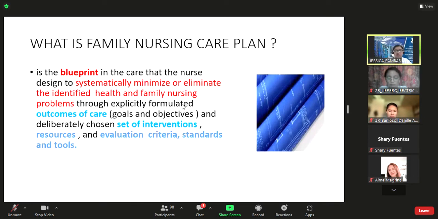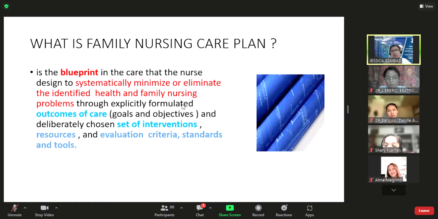Included in our family nursing care plan is a specific formulation of our outcomes of care. We have goals, objectives, and a set of interventions. We also need to identify the resources needed in implementing these interventions. And obviously, we also have our evaluation.